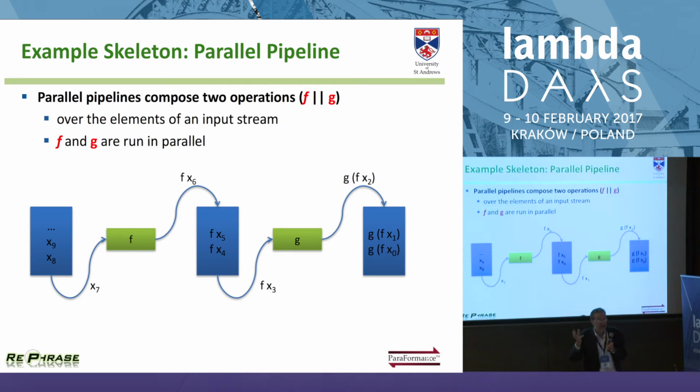And what's nice here is that F and G can both work in parallel, provided you have some kind of buffering in between the two pipeline stages so they don't bump into each other and they can operate at the same time. So this is another common skeleton.